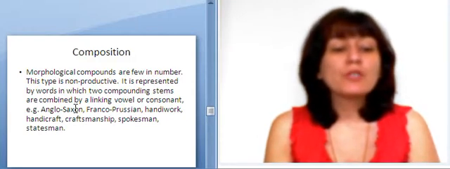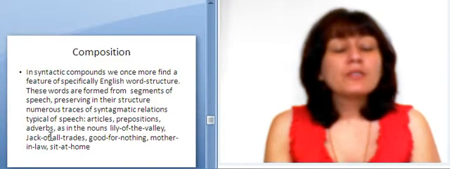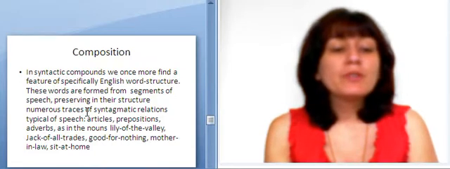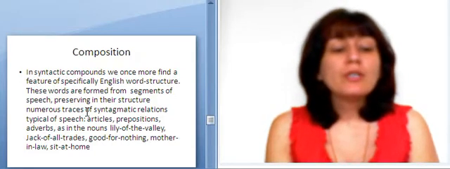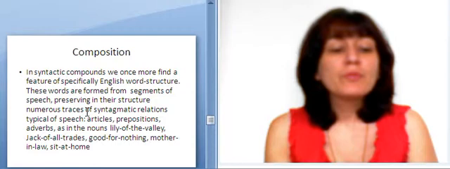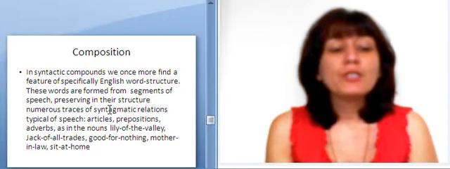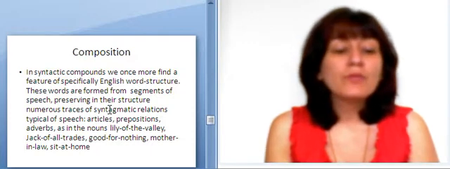In syntactic compounds, we once more find a feature of specifically English word structure. These words are formed from segments of speech, preserving in their structure numerous traces of syntagmatic relations typical of speech: articles, prepositions, adverbs, as in the nouns lily of the valley, jack of all trades, good for nothing, mother-in-law, sit at home.